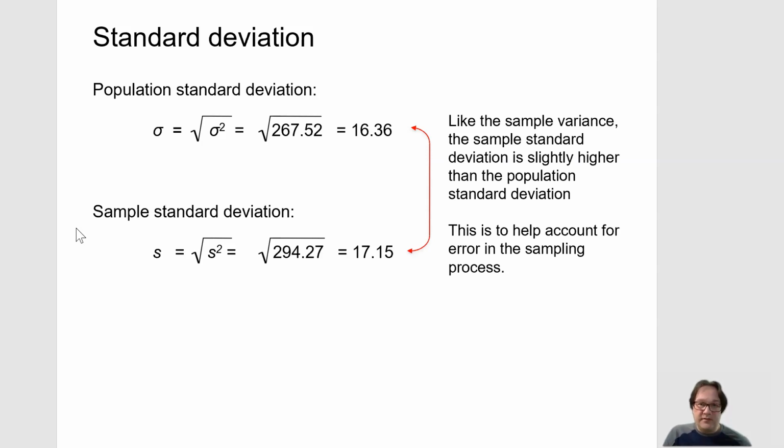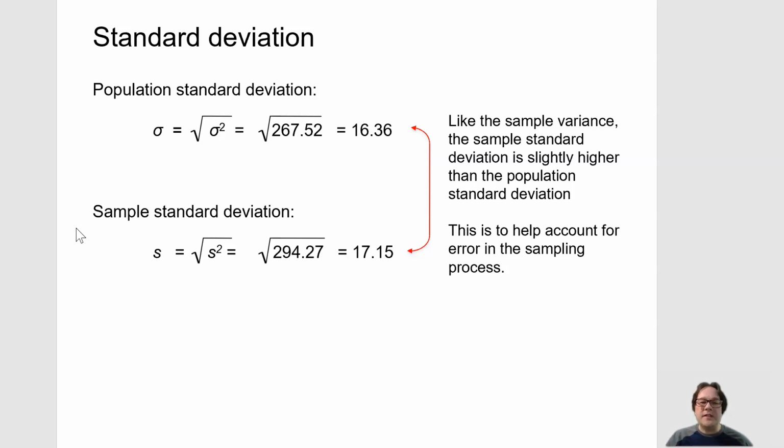Like the sample variance, the sample standard deviation is slightly higher than the population standard deviation. And again, this is to help account for error that likely exists in the sampling process. So this is tossing in a few extra bucks to make sure that you covered everything on your bill.